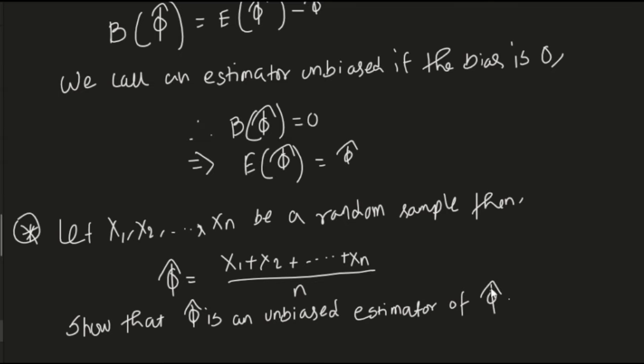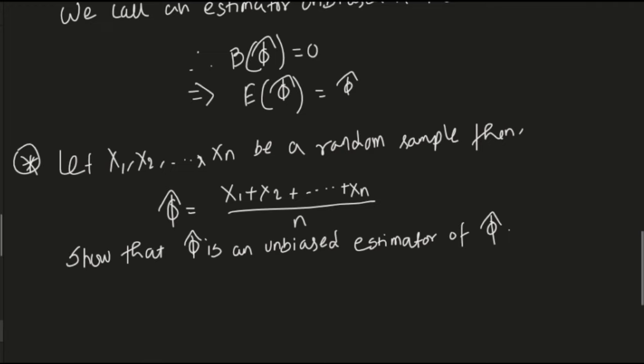So that is the question, we need to show that phi cap is an unbiased estimator of theta equals E of Xi. The parameter is theta, which is equal to E of Xi for every i, right?